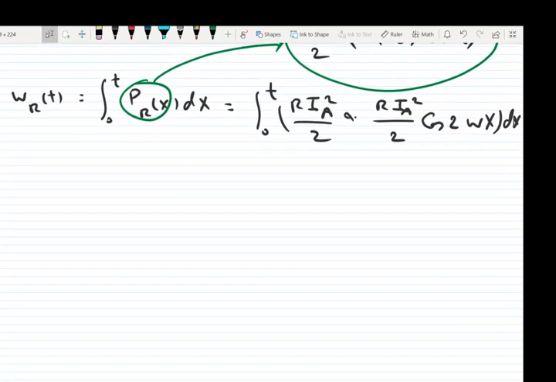Because the first term doesn't have x, it is a constant, we can remove it from the integral and separate the integral into two parts.